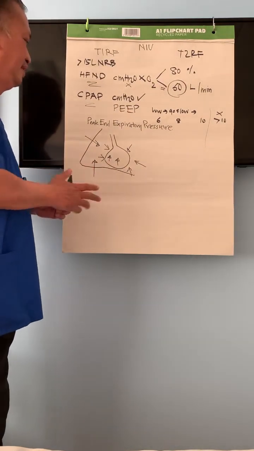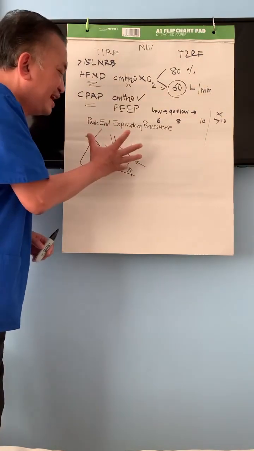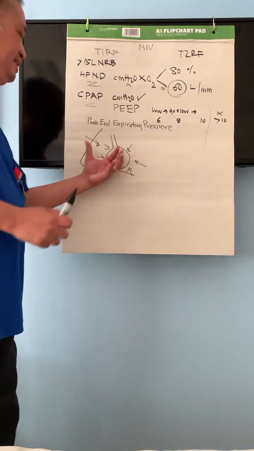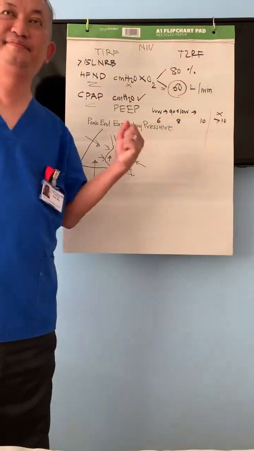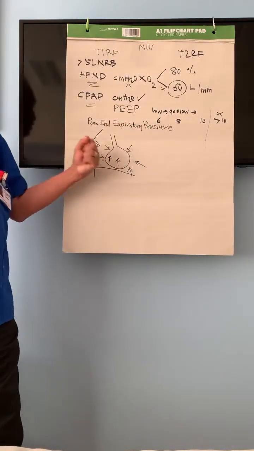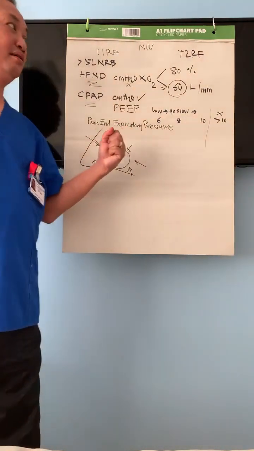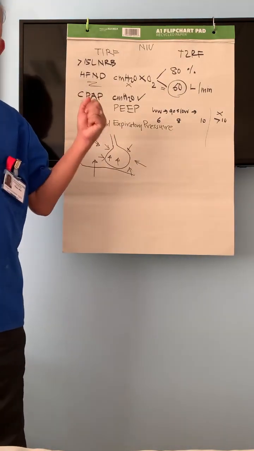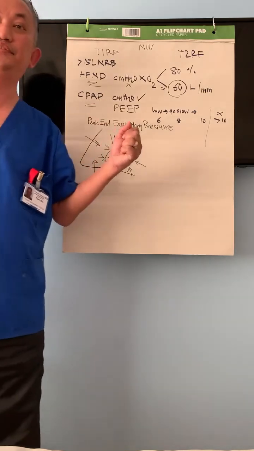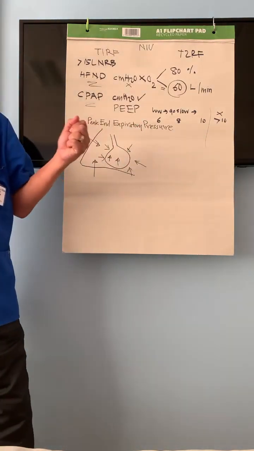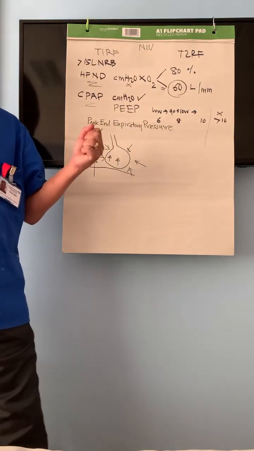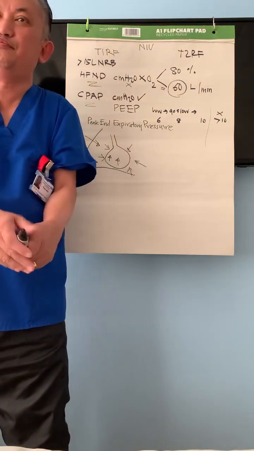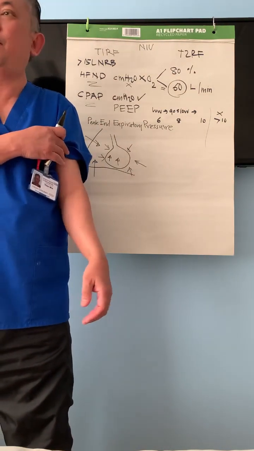So at the end of the expiratory phase, what happens is this alveolus collapses. But those patients with pneumonia, ARDS, pulmonary edema, their lung is not as good as ours. Their lung is injured, acute lung injury. When we have an injury, when we have pain, we don't want to move. We try to avoid moving.